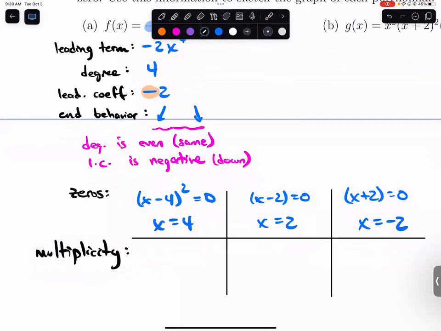The multiplicity is the number of times that factor shows up. So this one has multiplicity 2 because of the square. The other 2, well, their factors only show up 1 time, right? They're sort of an implied 1 as an exponent. So their multiplicities are 1. Again, if I add those 2 plus 1 plus 1, I get the degree 4. Multiplicity, again, is just a count of what happens.